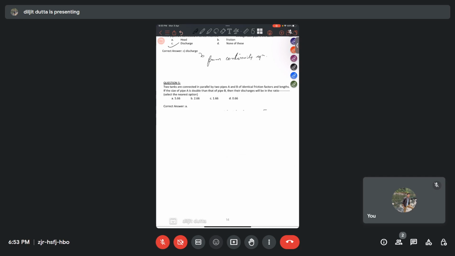We have seen from the previous question that the discharges, so it will be 2 to the power of 2.5, which is around 5.66.